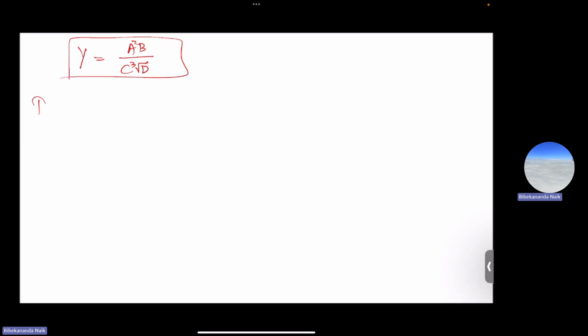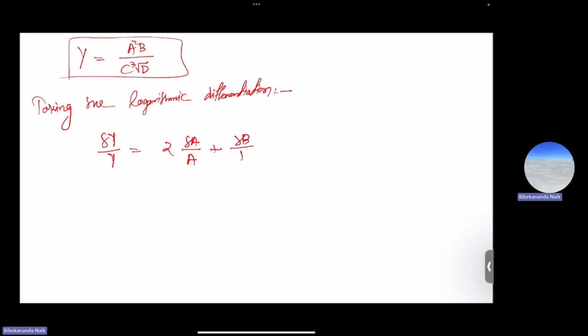If you take the logarithm and do logarithmic differentiation, we get del y by y equals 2 del a by a plus del b by b plus 3 del c by c plus, because it's d to the power half, half del d by d.